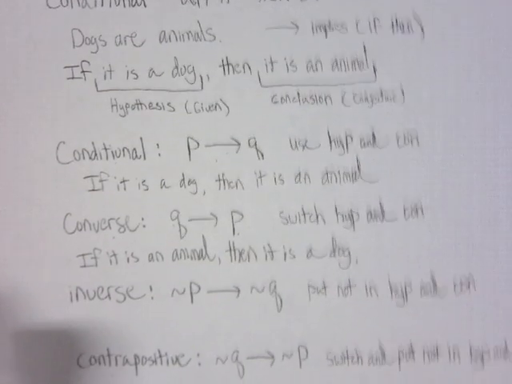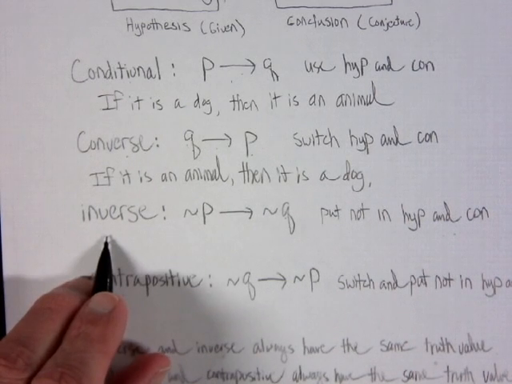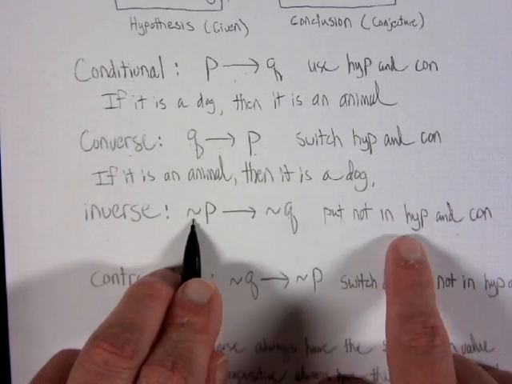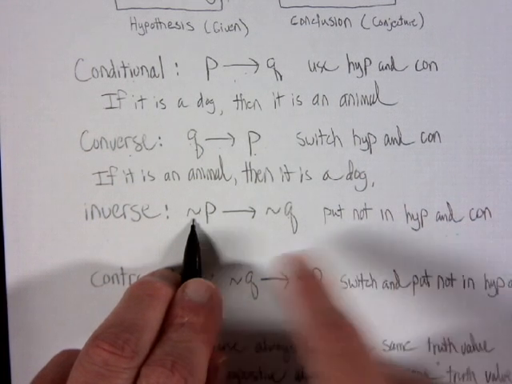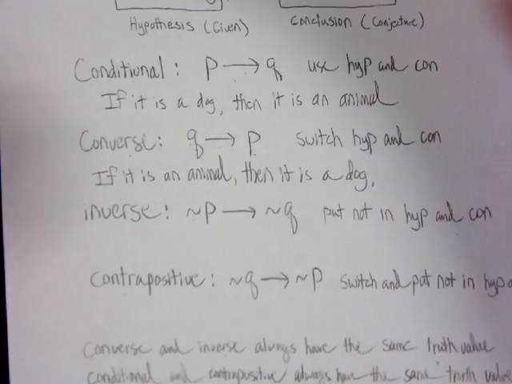The next thing we want to learn how to write is called the inverse. The inverse is formed by putting not into both the hypothesis and the conclusion. No switching, but you put not into both of them.